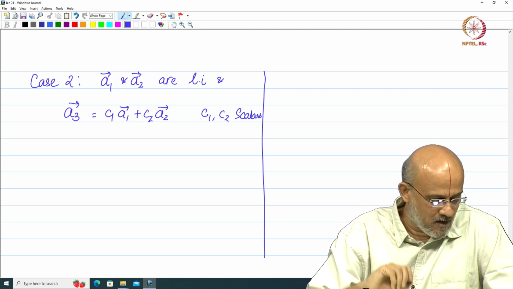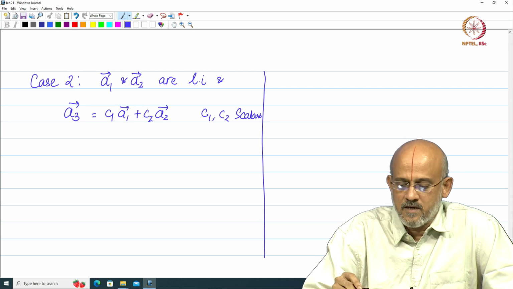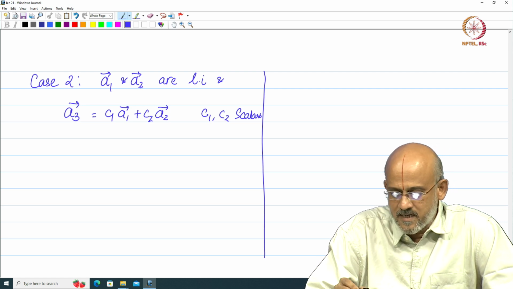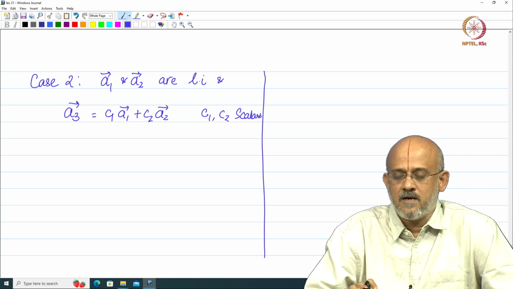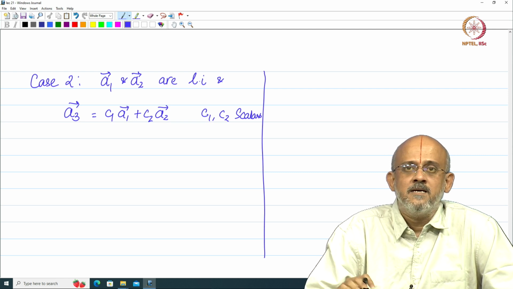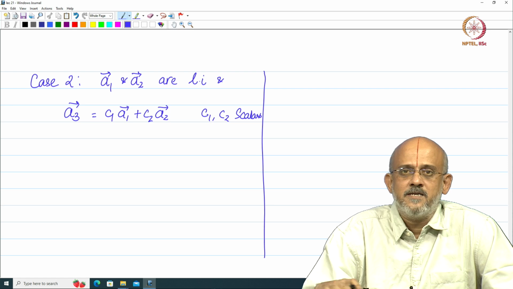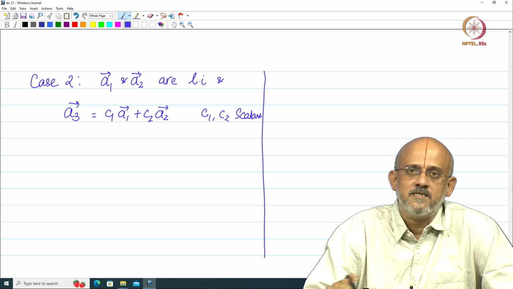Now, if this is the case, we already know that if you have 2 linearly independent vectors in 3D, I hope all of us have this in mind, that we are going to look at the 3 dimensional space only, which means all these vectors are 3 component vectors.